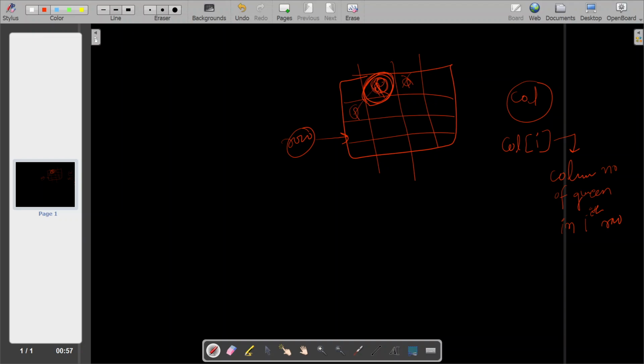Here I cannot place because it will attack, here also cannot, and here no, this will attack. Here I can place a queen, so this is one valid solution.